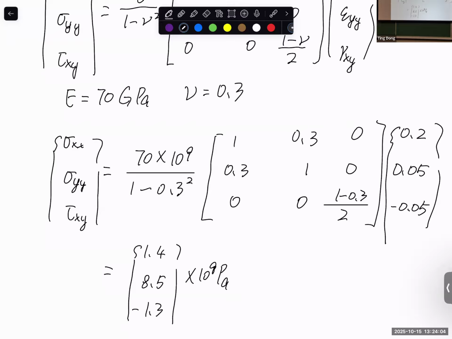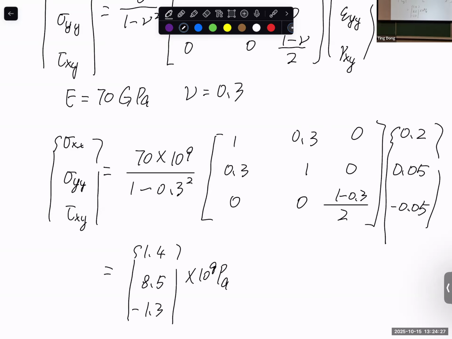So this is how we get stress from strain for the 2D situation, for the plane stress situation. But of course, for the plane strain situation, the symmetry is different. But I don't plan to talk about it in class today because the majority of real life 2D problems are plane stress.